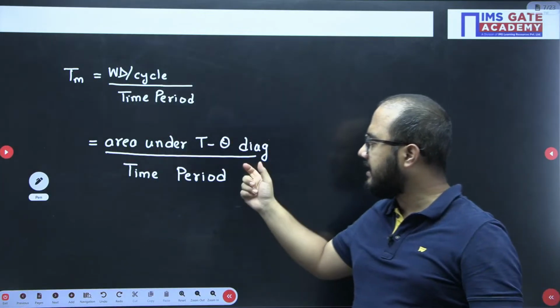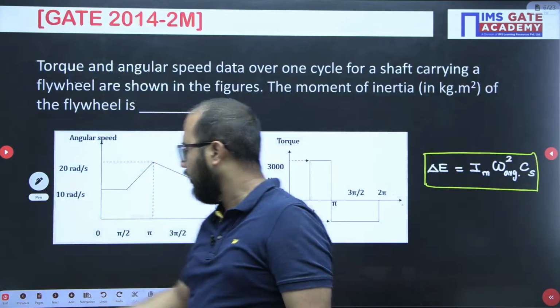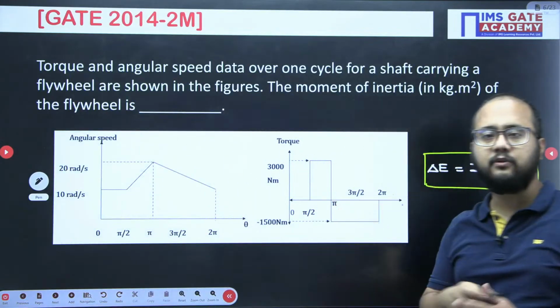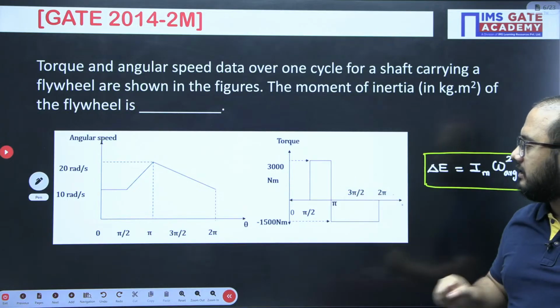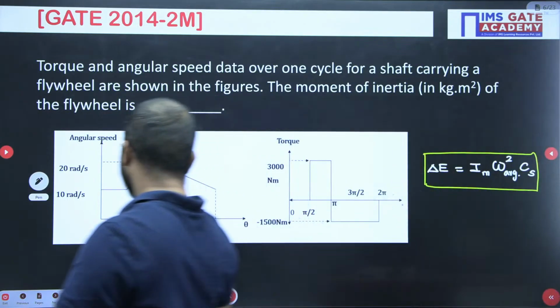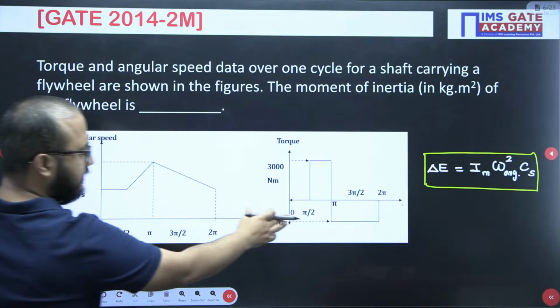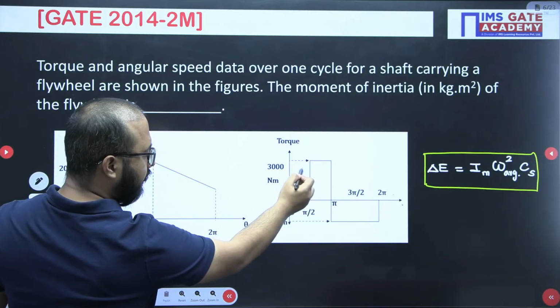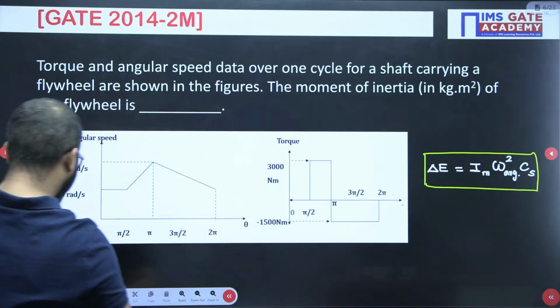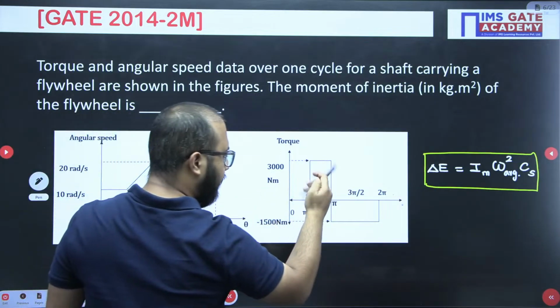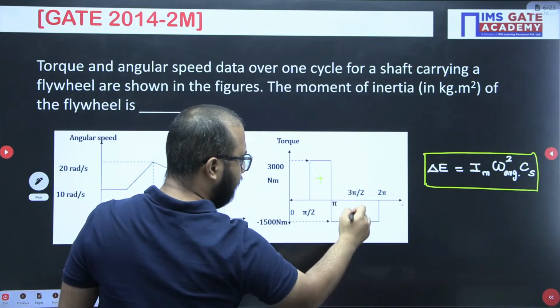Now the area under the T theta diagram we can easily calculate from here, because the torque variation with respect to theta is given. So this is the diagram we are having. First of all, 3000 into pi minus pi by 2 will be under the plus sign, and this one will be in negative.